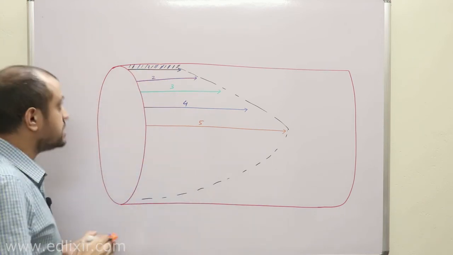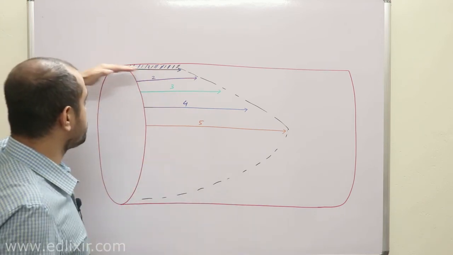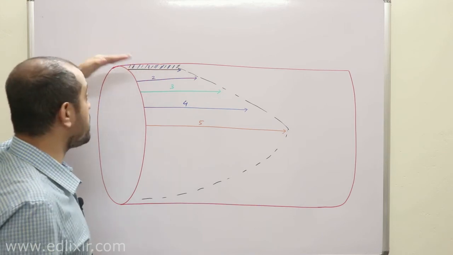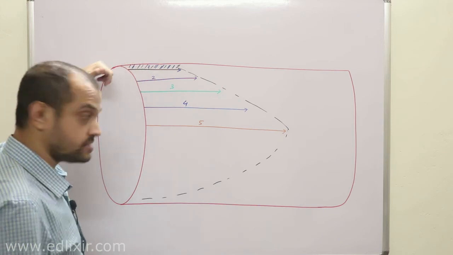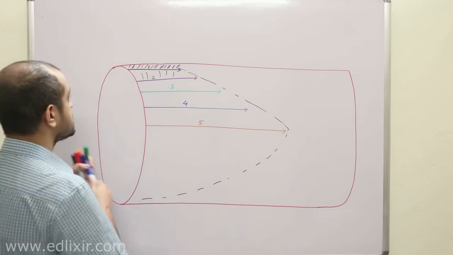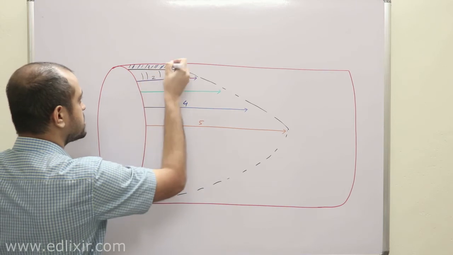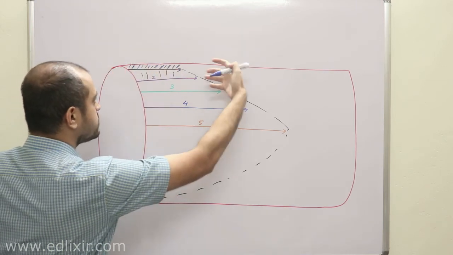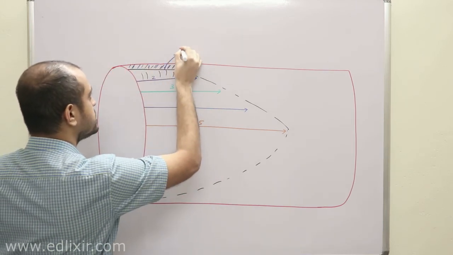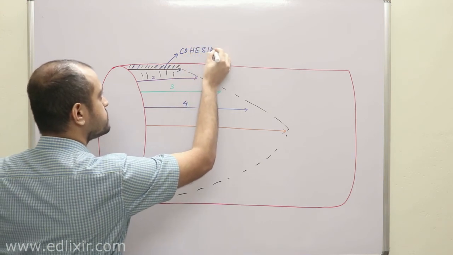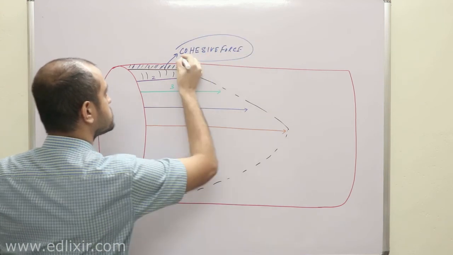That means this particular layer of the fluid or blood is facing the maximum amount of resistance. Clear? Now this force, which actually resists the first layer from getting a very high velocity, is called cohesive force.